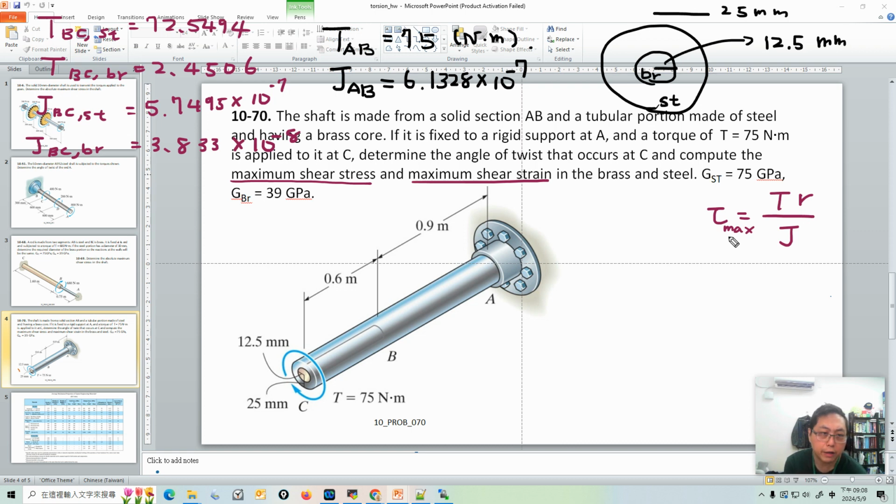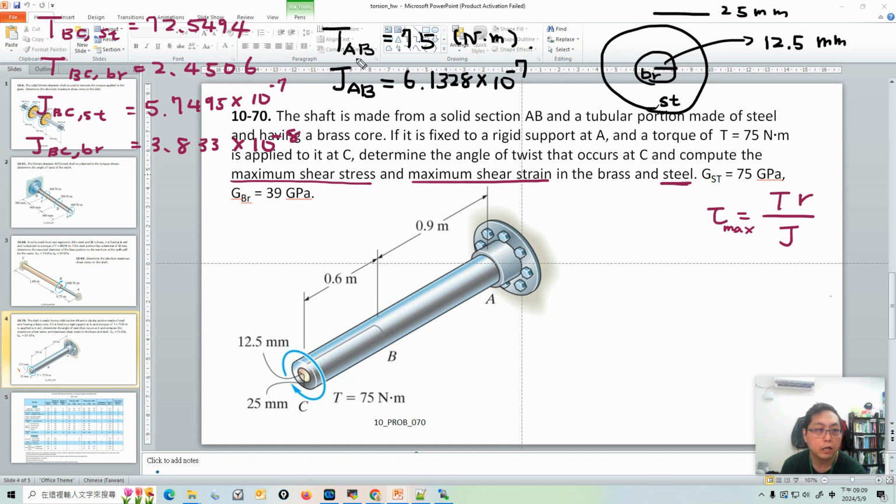Be careful with the shear stress, because right now we have two materials. For the steel, you have to calculate the maximum shear stress at the AB part and at the BC part, because AB is made of steel.